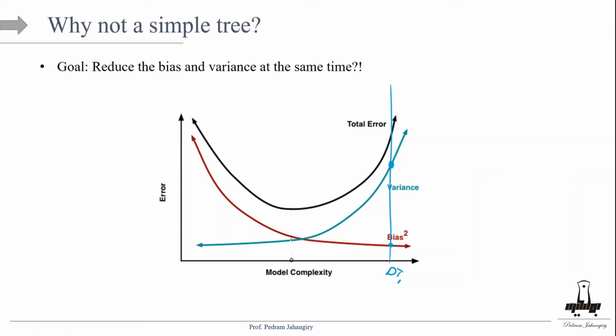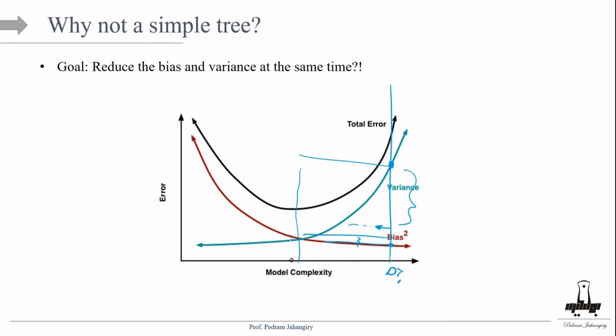We said, okay, what's the solution? The solution is, what if we prune it back? We start with a very bushy tree and then prune it back, so maybe we get to the trade-off between bias and variance. The hope is that by cutting out some branches, the bias is going to increase a little bit, but on the other hand, the variance is going to decrease a lot.